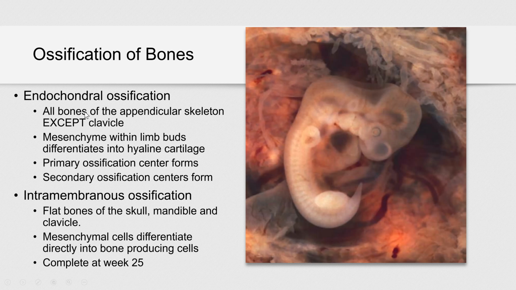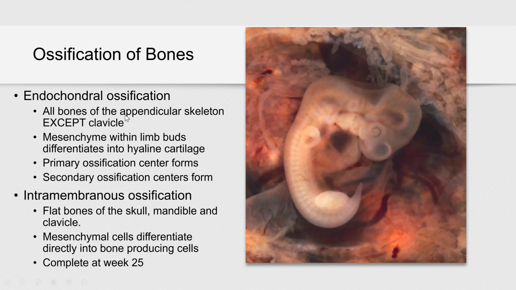So all bones of the appendicular skeleton, except clavicle, are formed through endochondral ossification. That means that first we have a cartilage precursor. Those bones are made of cartilage first, and then they change into bone.